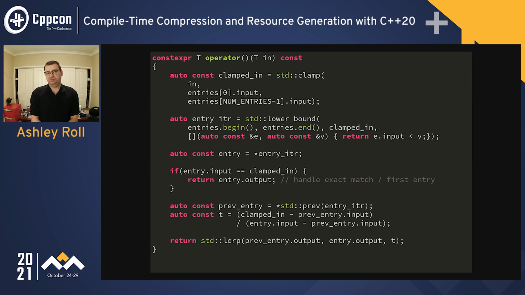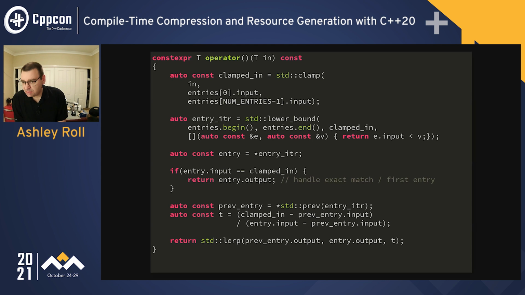And also it handles the first entry so that we don't access out of bounds. We work out the previous entry, and then we work out the distance between the two for our required value, and use the lerp function to do the interpolation and return our value.